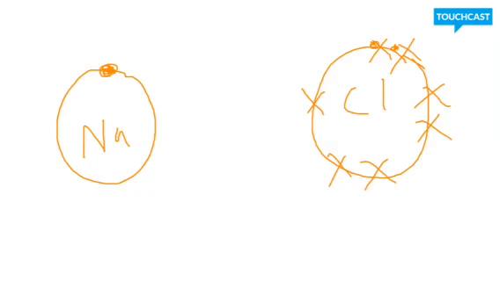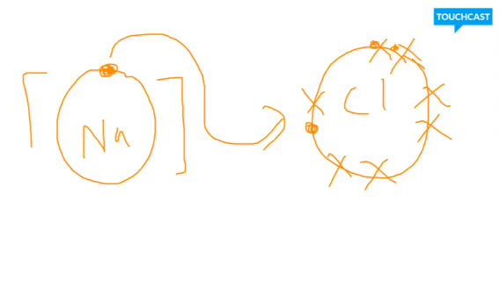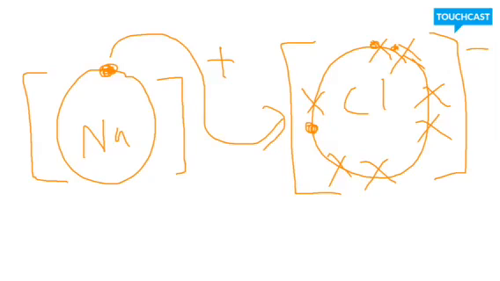Now this one wants to be full. This one wants to be full. Sodium can only donate 1, and chlorine needs 1. So what will happen? The electron from sodium will move to the chlorine. Sodium now will become positively charged because it lost an electron, and chlorine would become negatively charged because it gained an electron.